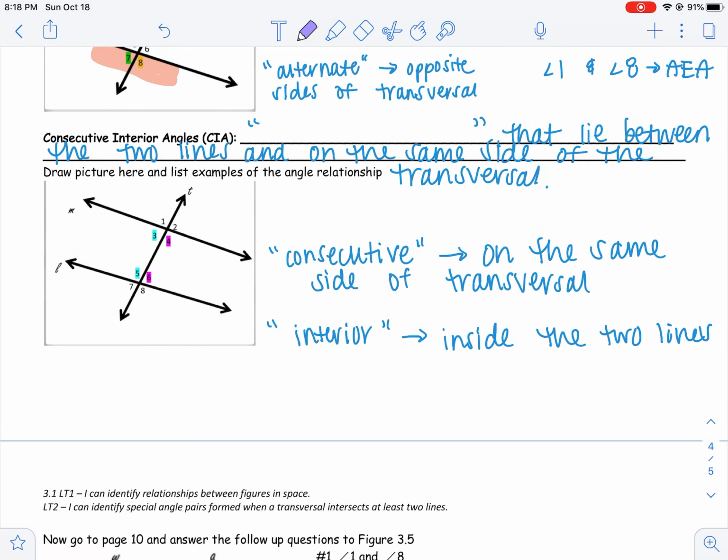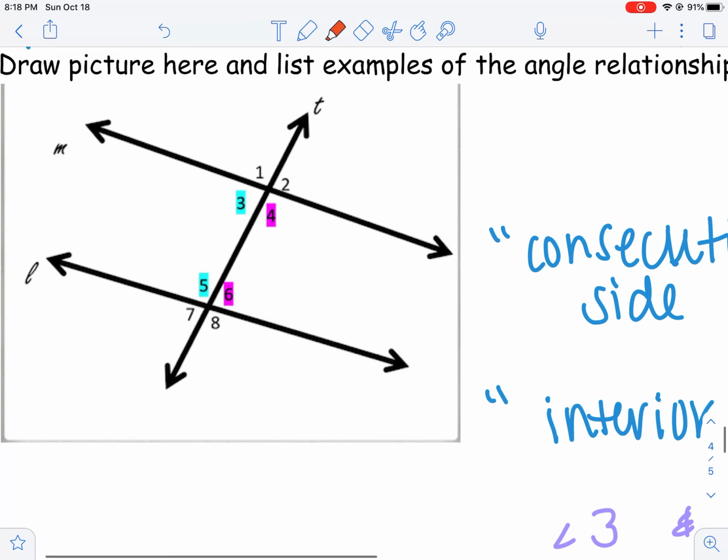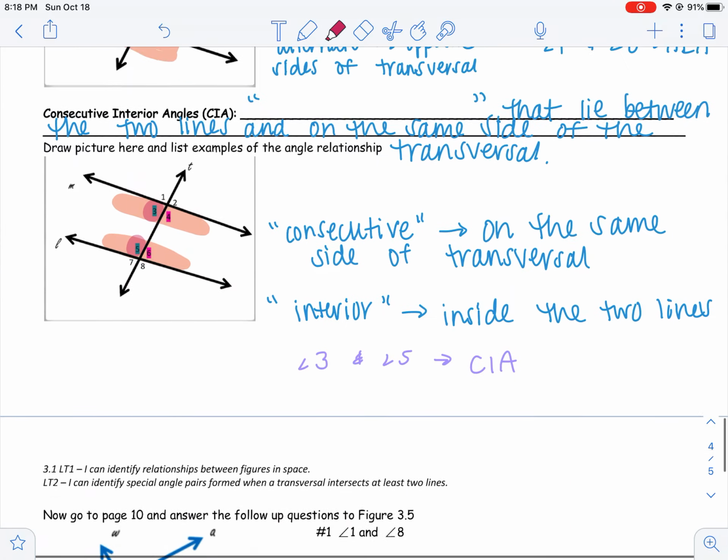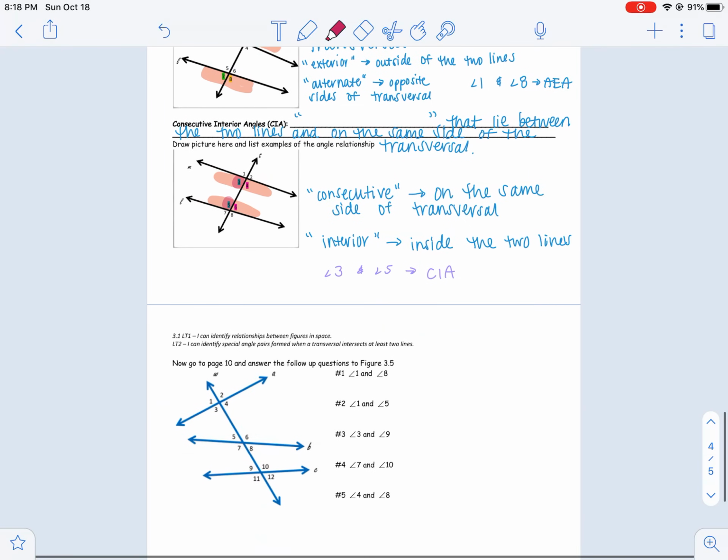Okay? So we can say that angle 3 and angle 5 are consecutive interior angles. We are focusing on, once again, interior, inside the two lines. But we want consecutive, meaning on the same side of the transversal. So 3 and 5, 4 and 6, consecutive interior angles.